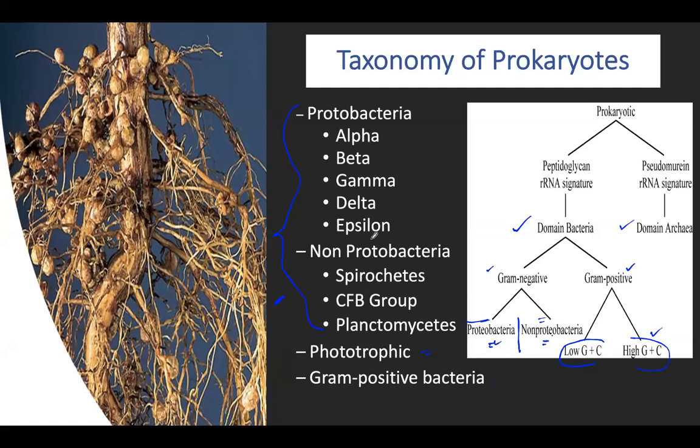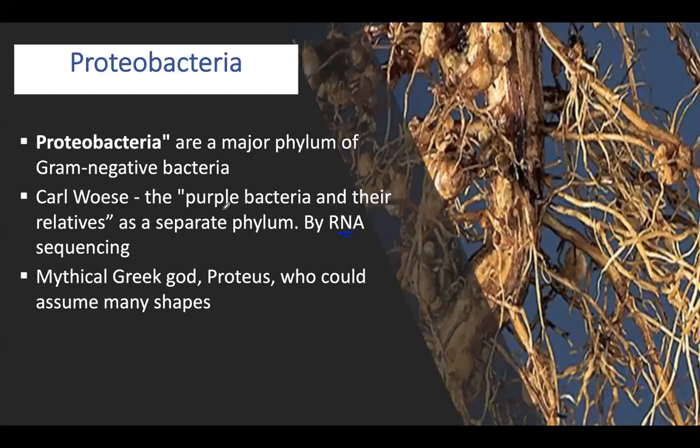All these alpha, beta, gamma, delta, epsilon bacteria have a close relationship by RNA sequencing. But the Spirochetes, CFB group, and Planctomycetes have RNA sequencing that is a little different from this group. So Carl Woese called them purple bacteria because of their color and their relatives, and later we gave them the names proteobacteria and non-proteobacteria.